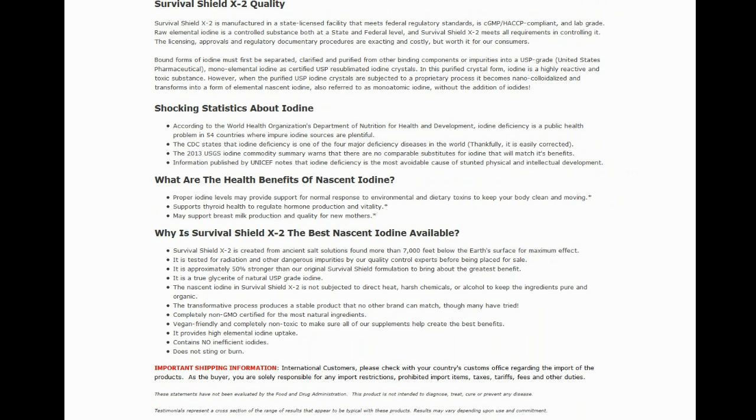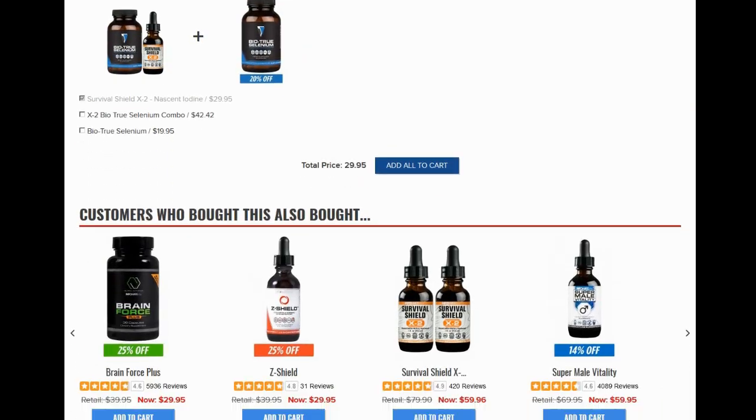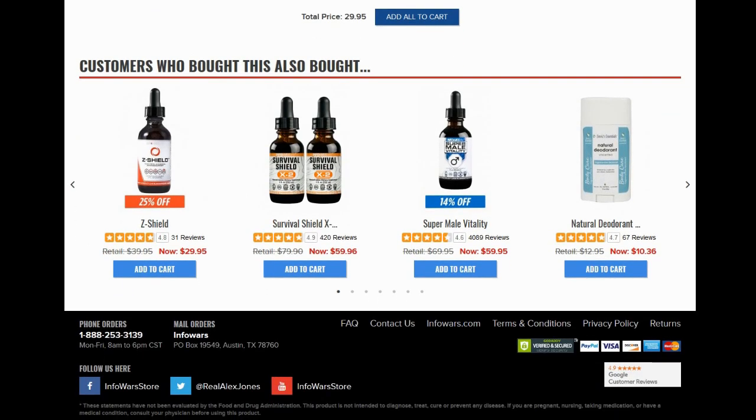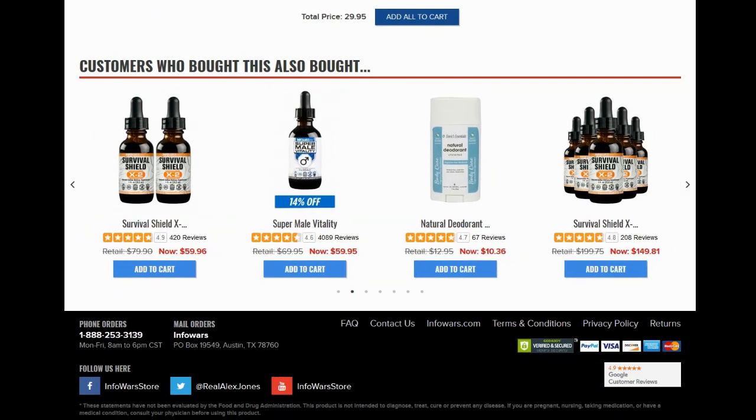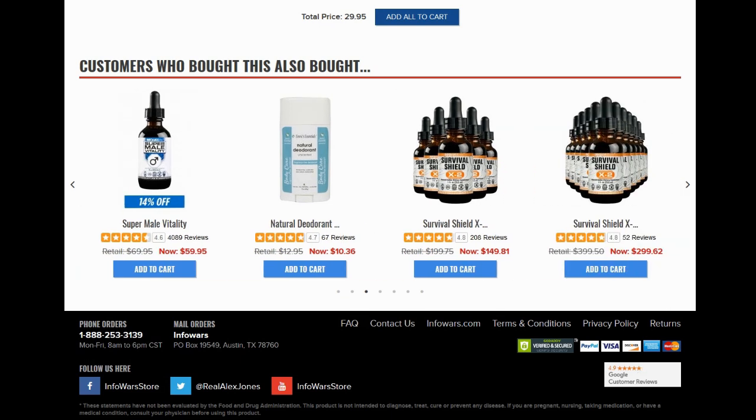And once they start taking iodine, there is a dramatic decrease in the total amount of thyroid hormone that's necessary to control their medications.